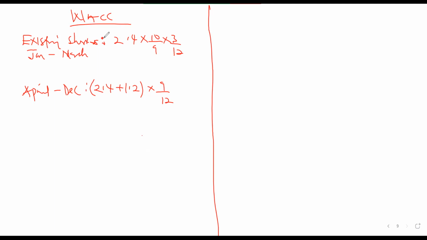The first one I'm getting 0.67. The last one, what am I getting? 3.6 times 9/12. I'm getting 2.7. 3.37. Okay. So the one that you like, you pick it.